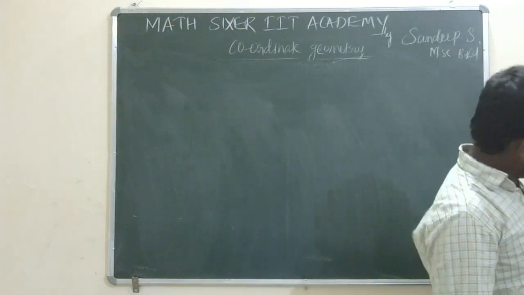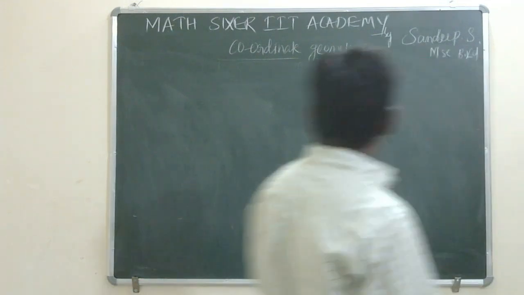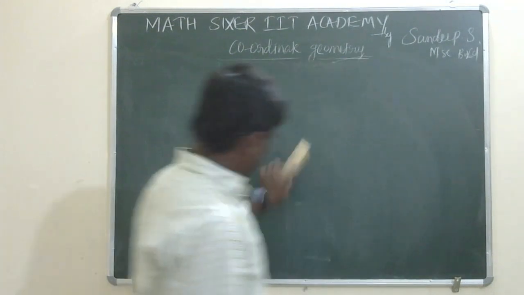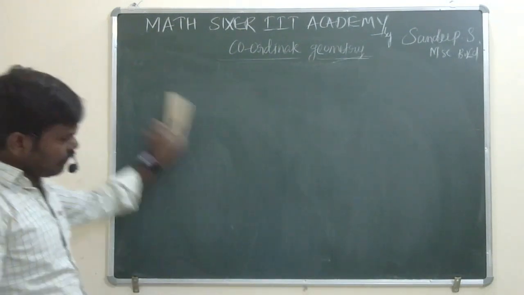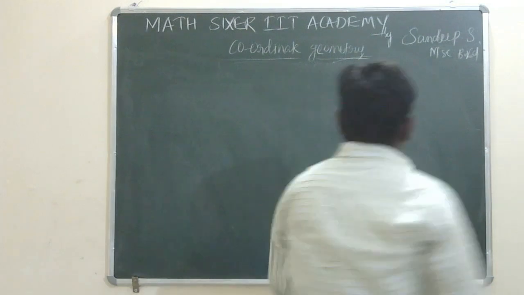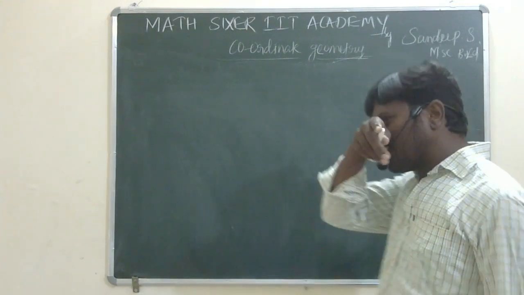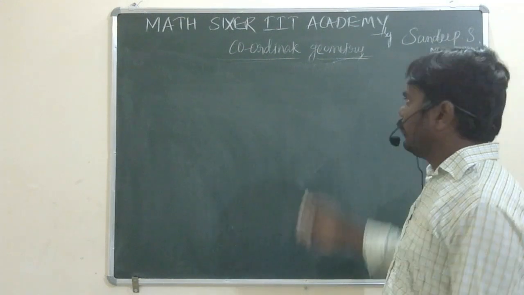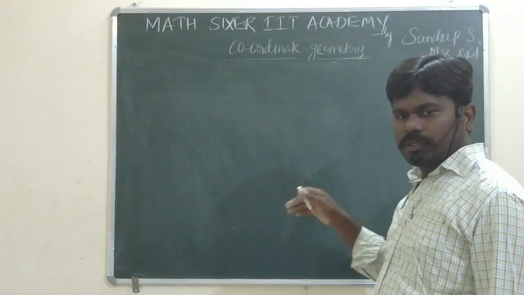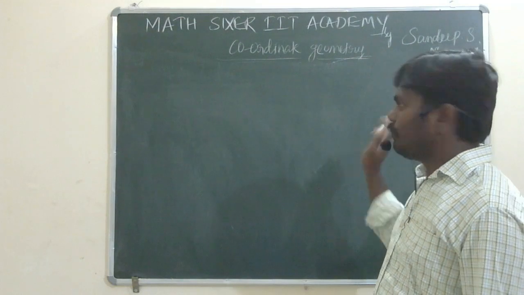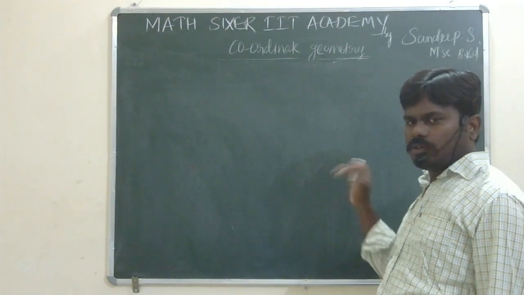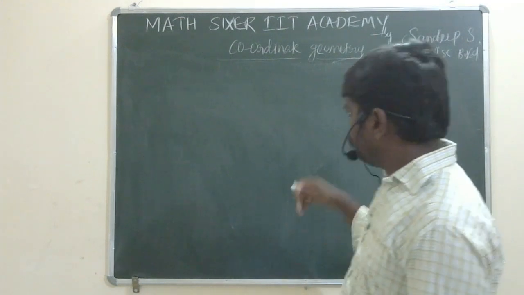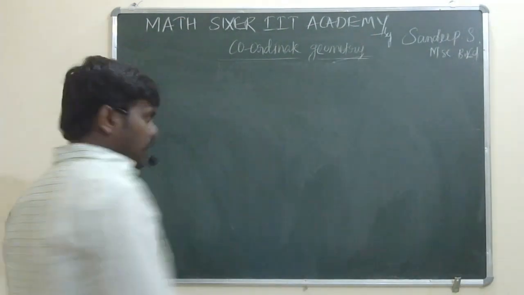So with this concept what we have understood is that the distance from a point to the straight line ax plus by plus c is equal to 0 is modulus of ax1 plus by1 plus c divided by the square root of a square plus b square, meaning the sum of the squares of the x and y coefficients. Okay, so that we have observed.